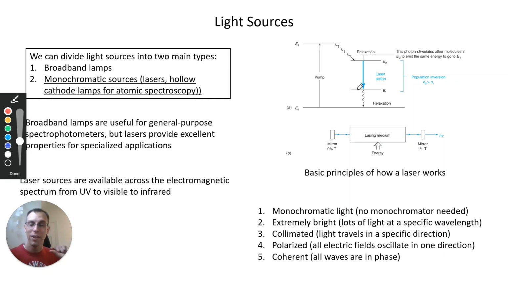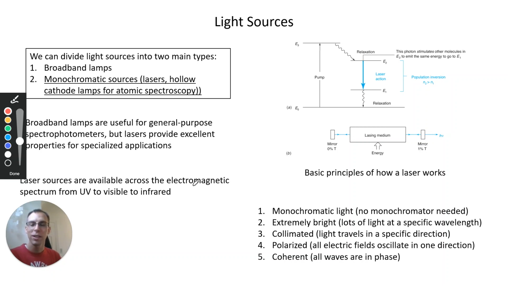But you can also have emission caused by that, kind of the same idea but in reverse. And so this stimulated emission of radiation, light amplification by stimulated emission of radiation, can lead to the more light you produce, the more light you get, and you get lots of light at a specific wavelength. So that's the very basic idea of how a laser works.